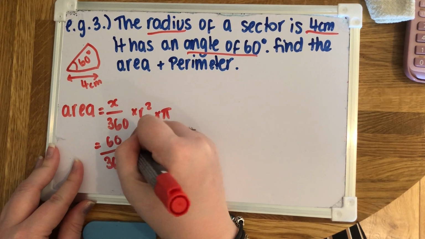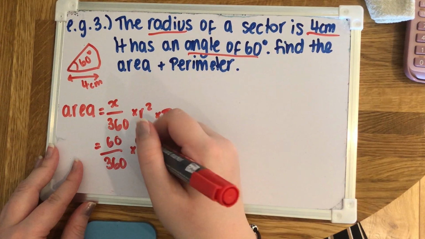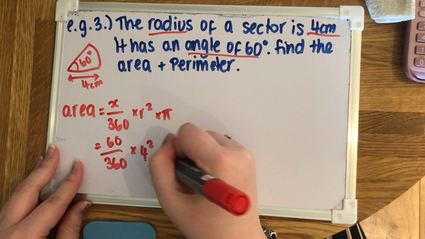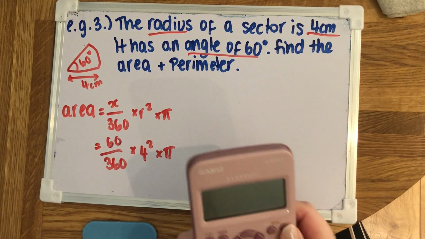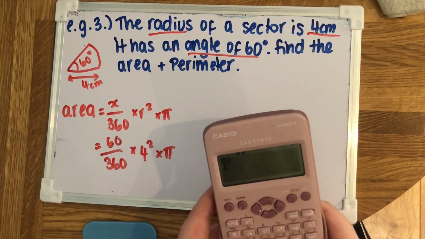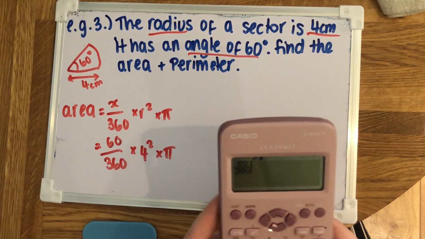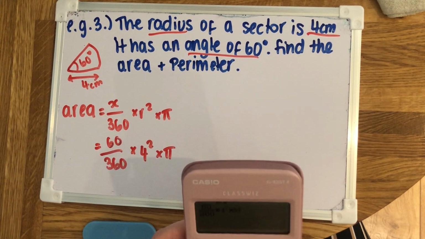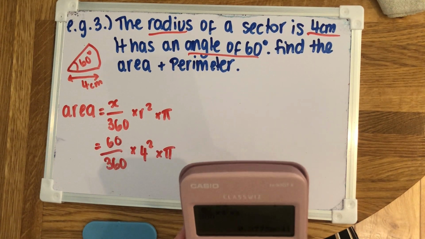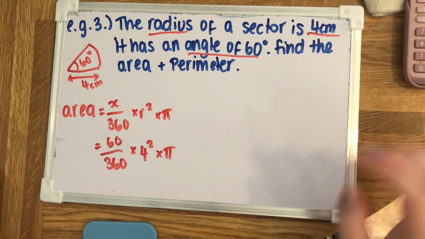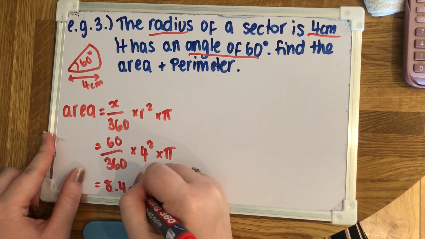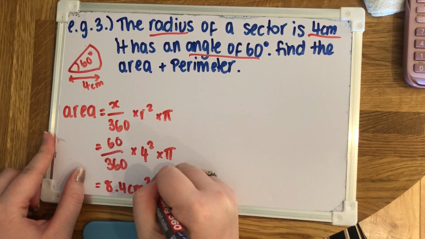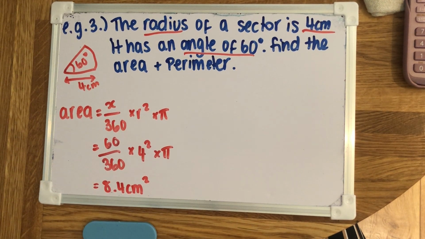We times that by the radius, which we're told is 4, so we square that and then times it by pi. You can just type it in as one calculation. It should just work. 8.4 centimetres squared. Okay, so that's that one done really quick.